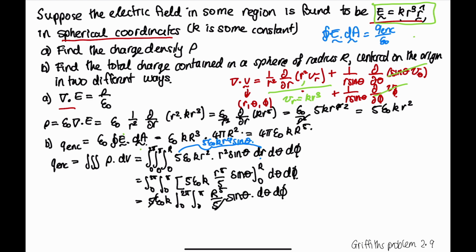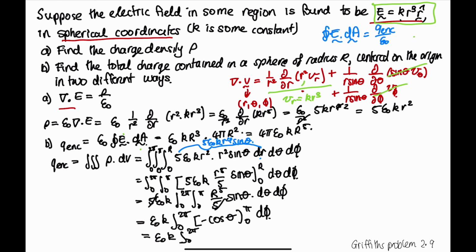These 5s will cancel here, and so this will be equal to epsilon naught K R to the 5 integral from 0 to 2 pi. And now let's do the d theta integral. When we integrate sine theta, we get minus cos theta, and this is from 0 to pi, and this is d phi, and so this will be equal to epsilon naught K.